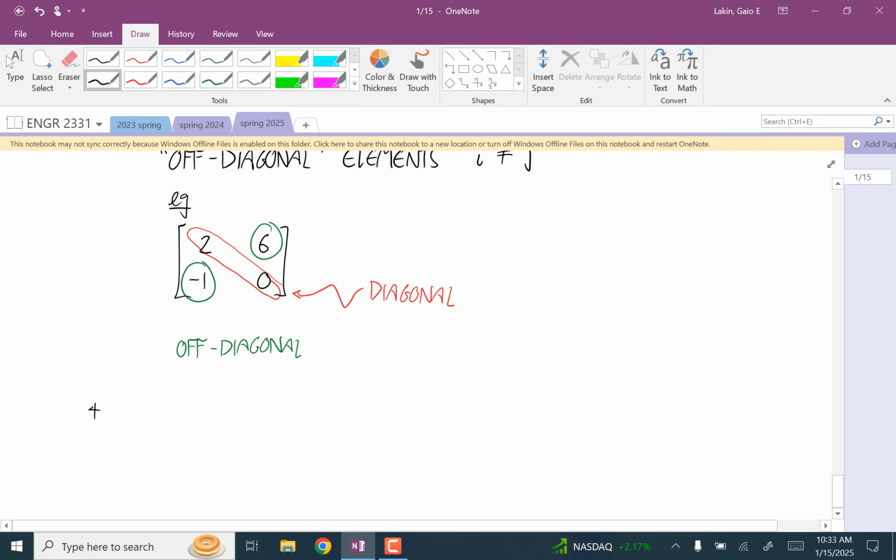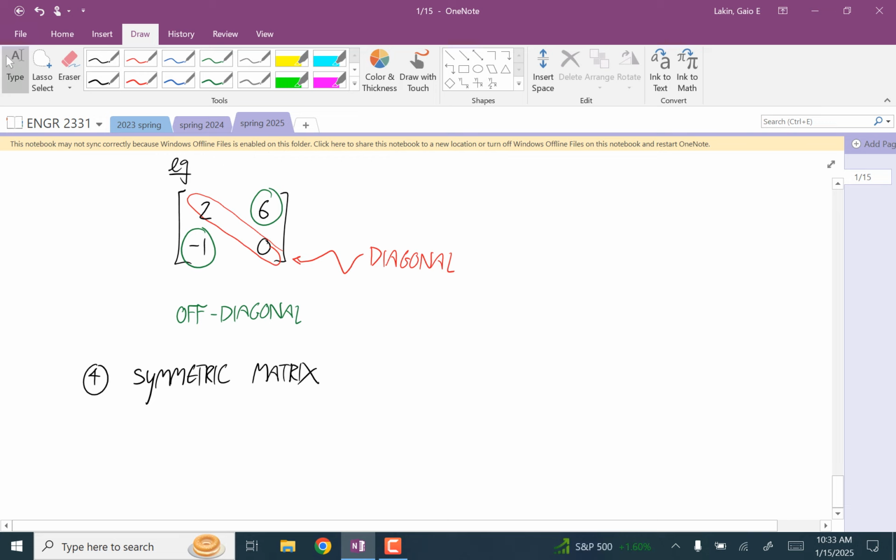And then for a symmetric matrix, it has to be a square matrix. There's no such thing as a symmetric matrix that's not square.